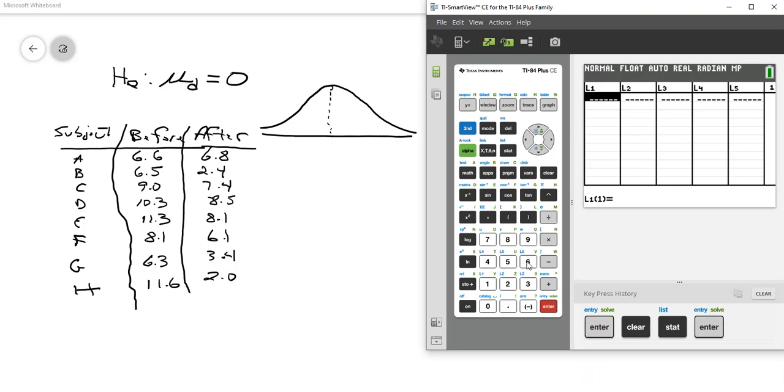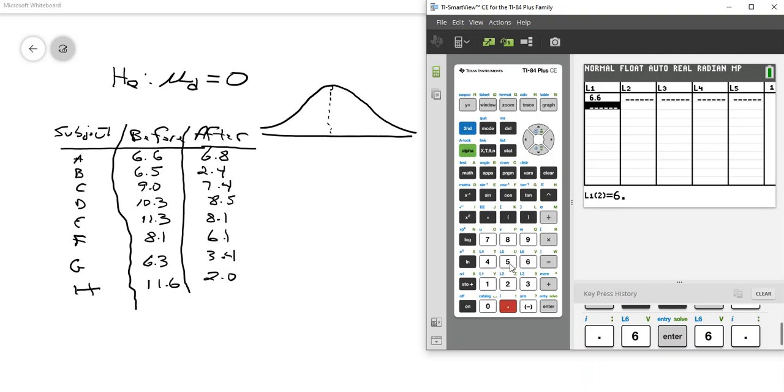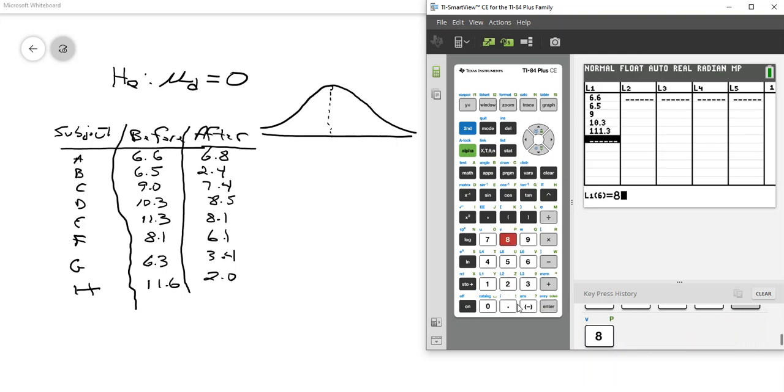So again, it's just going to take a little bit of time. 6.6, enter. 6.5, enter. 9, enter. 10.3, 11.3, okay, 8.1.